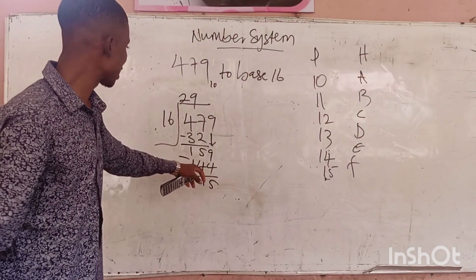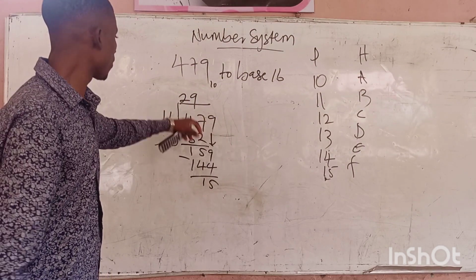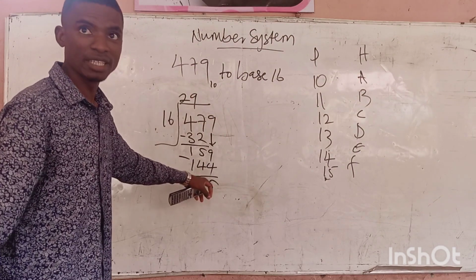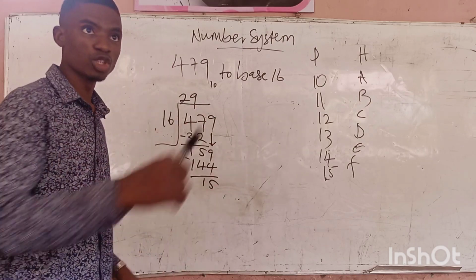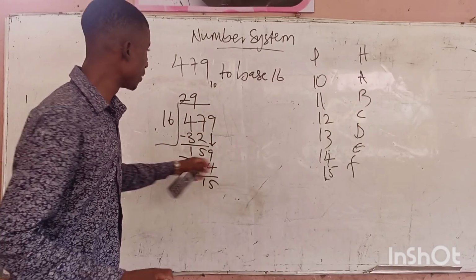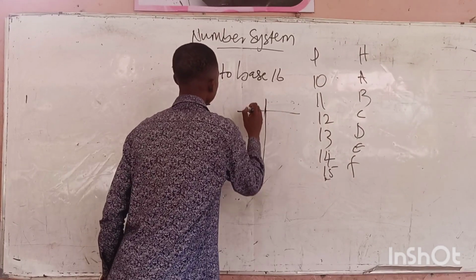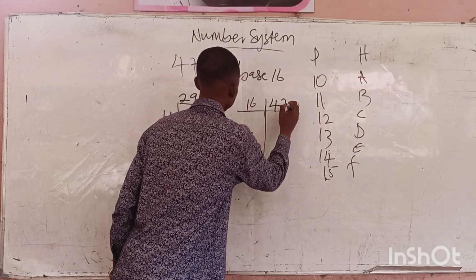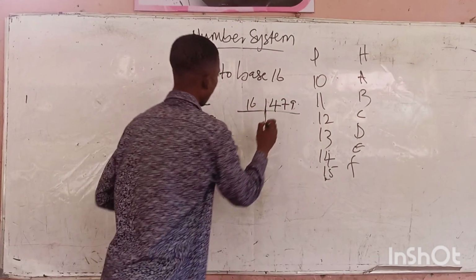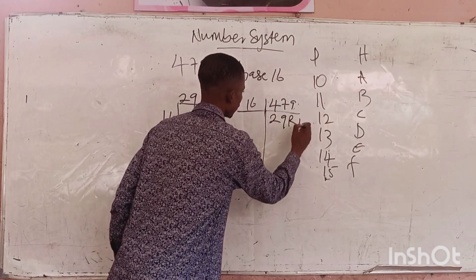What this implies is that 479 divided by 16 will give us 29, remainder 15. That's how we got it, and that's what we got when we used the calculator. So it means that if we come over here and say 479 divided by 16, we're going to have 29 remainder 15.